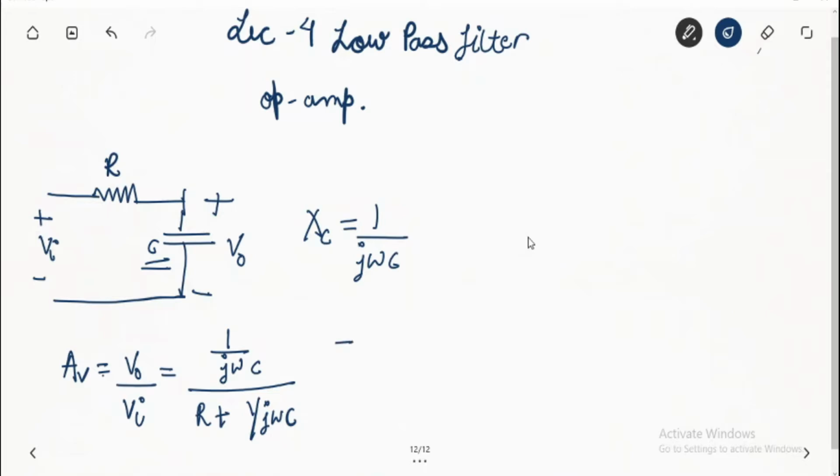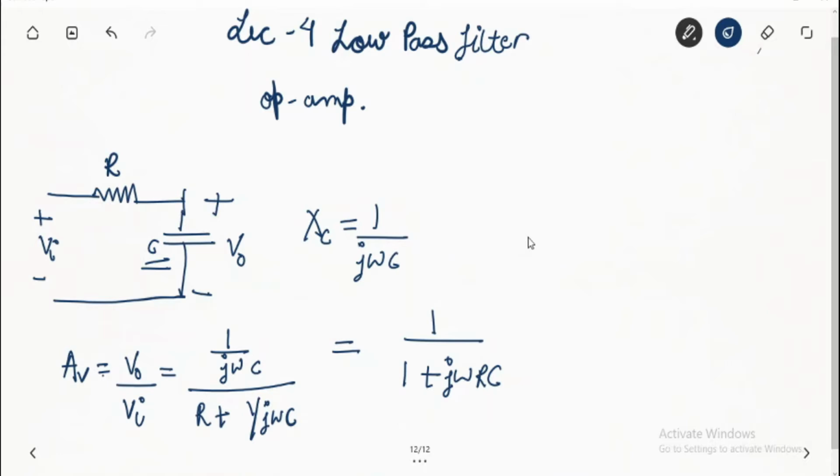Now I can take the LCM, and after simplification I'll get 1 upon 1 plus j omega RC. Now I'll take the mod of it.